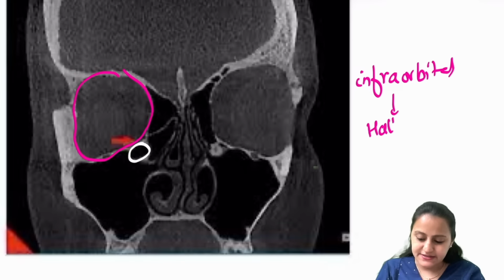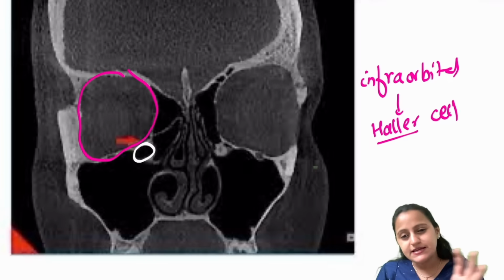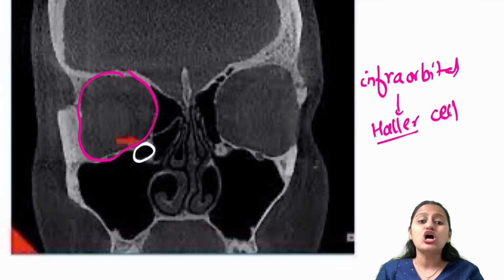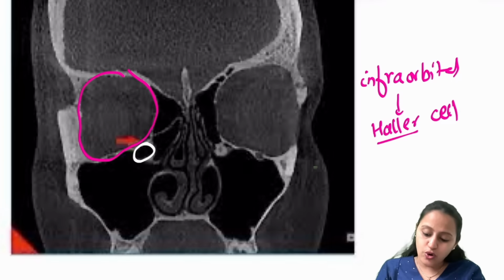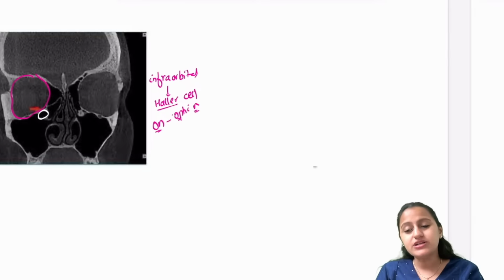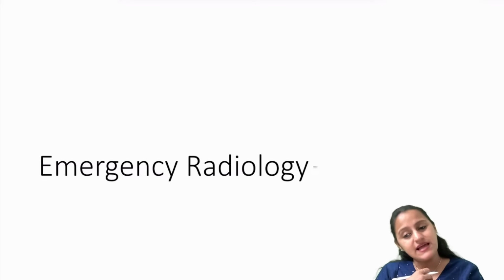Infraorbital air cell is called as Haller cell. Right? We have discussed the details of that in our RR videos as well, the various variations in PNS. This is Haller cell, not the Onodi cell. Onodi cell, remember ON is related to optic nerve. Okay, this is not optic nerve related, this is infraorbital Haller cell.